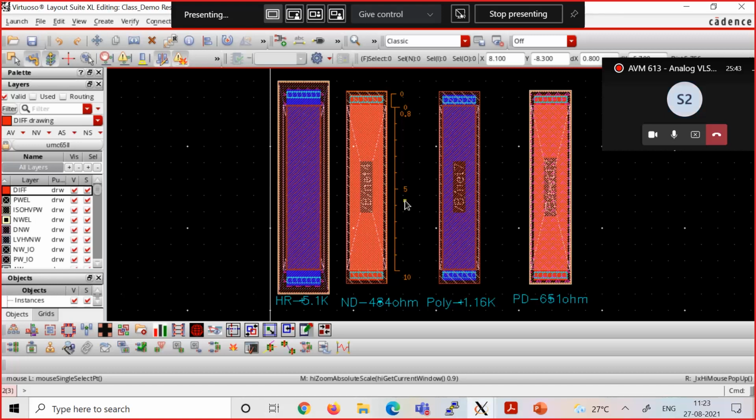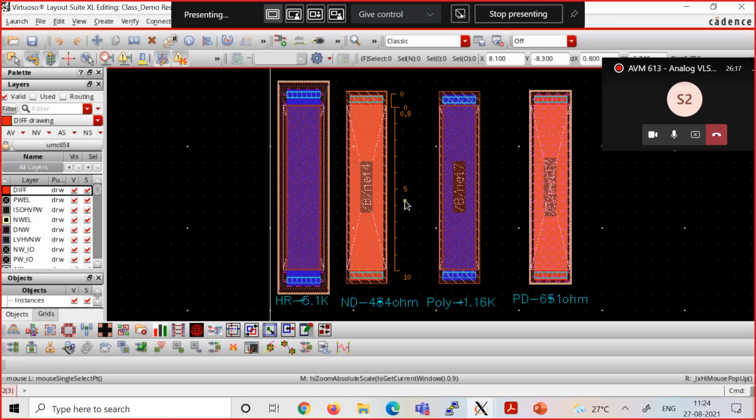But at the same time, you can have big transistors whose width goes up to 50 micron, 100 micron, and so on. So you're not restricted in that way. Of course, there is an upper limit, but that is quite high. Those who took the RFIC class will remember that for power amplifier design, you will use dimensions like 1000 micron width, or 800, or even 1200, 1600 micron width.